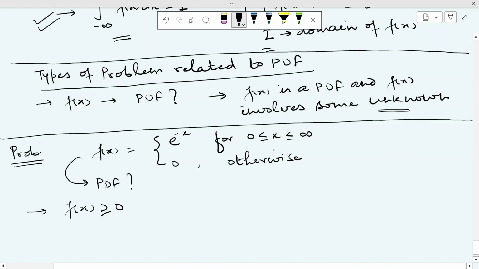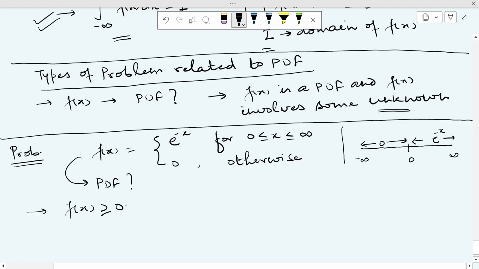If you consider the real line, because it is defined on all real numbers, from minus infinity to plus infinity, and we assume this point as 0, then from minus infinity to 0 this function is 0, and from 0 to infinity it is e to the power minus x.